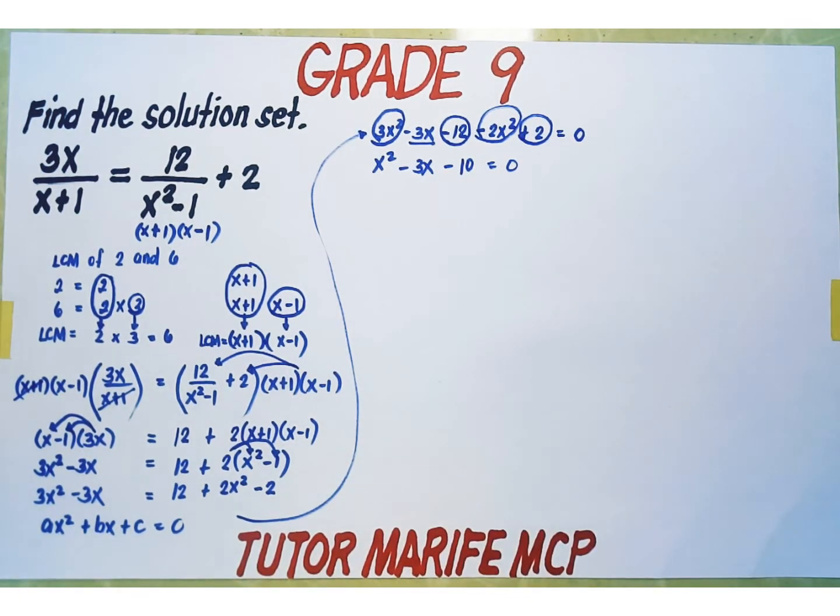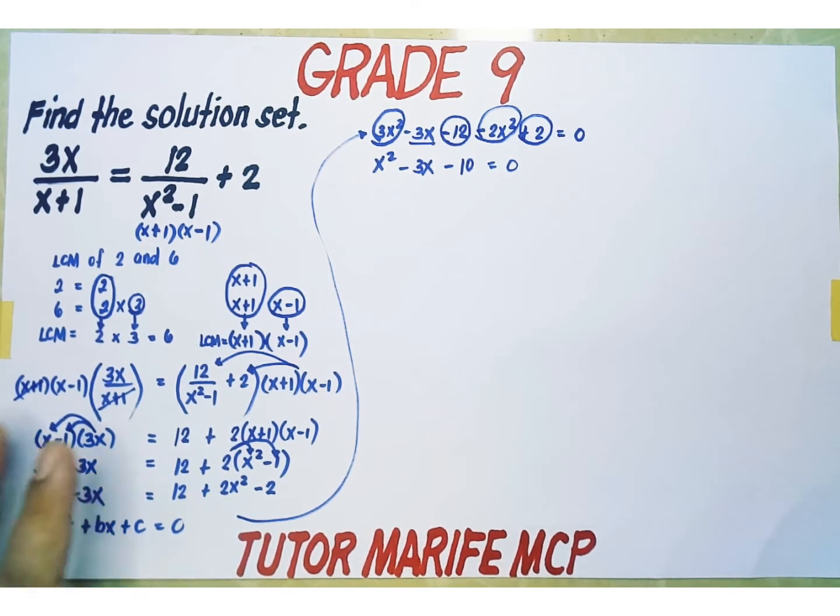Okay? So, pag nai-rewrite mo na ang quadratic equation in general form, pwede ka nang gumamit ng mga technique na itinuro on how to solve quadratic equation. Square root method, completing the square method, factoring method, or using the quadratic formula.